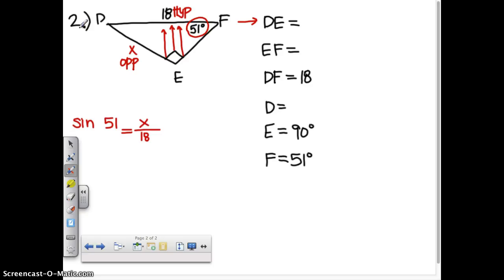Sine of 51. Okay, turn this into a little proportion. Do the cross product. 18 times sine of 51 equals the other side. 1 times x, that's like our favorite thing to multiply. 1 times x is just x. So now we just go to our calculator and calculate. We have done the hard work. The easy work is punching buttons on our calculator.